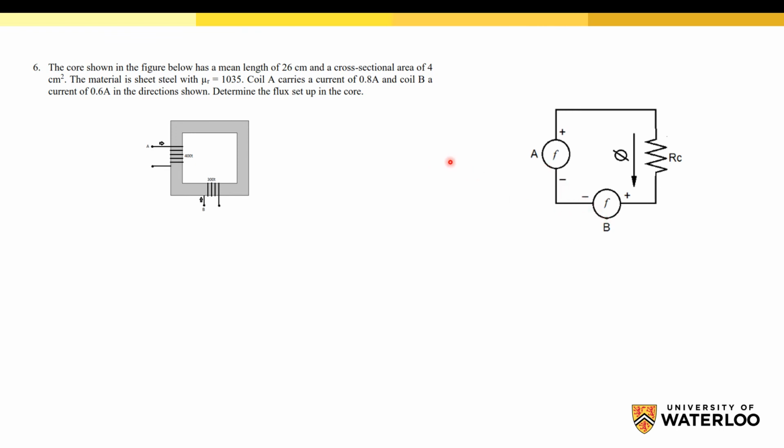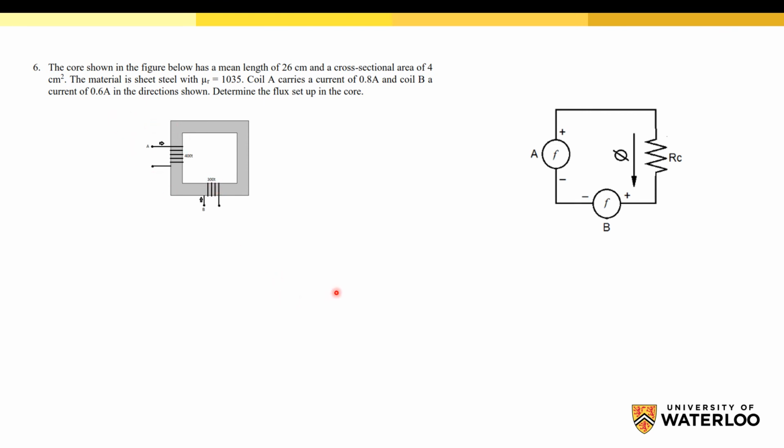Okay, now we draw the equivalent circuit. The value of the magnetomotive force for coil A is equal to the number of turns times the current, and these values are given. Also for coil B, it will be equal to the number of turns times the current.